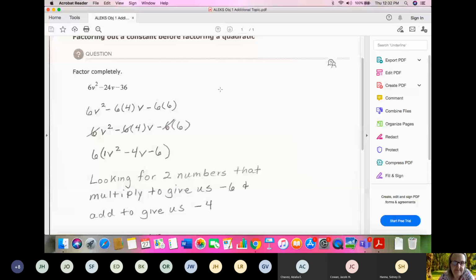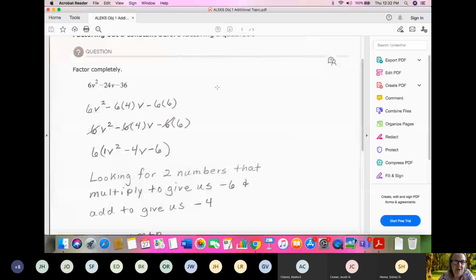I now notice that every one of these terms, terms are added. So this first term is 6v squared, plus, I can sneak a plus sign in here because subtraction is adding a negative. So I could put an addition sign in here, and then view this as a negative sign.